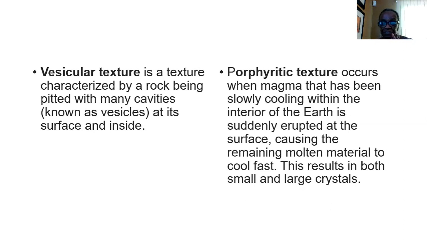Well, if it has been slowly cooling within the interior of the earth, that means the crystals are going to be large. But then as that magma suddenly erupts at the surface, anything else in that molten material will cool fast. And so that will give you small crystals.